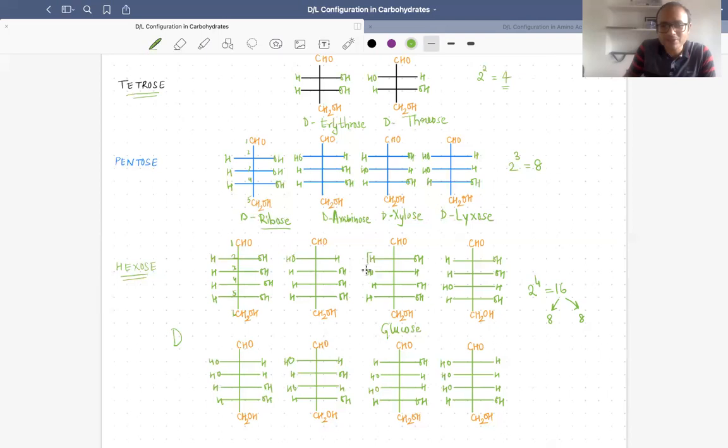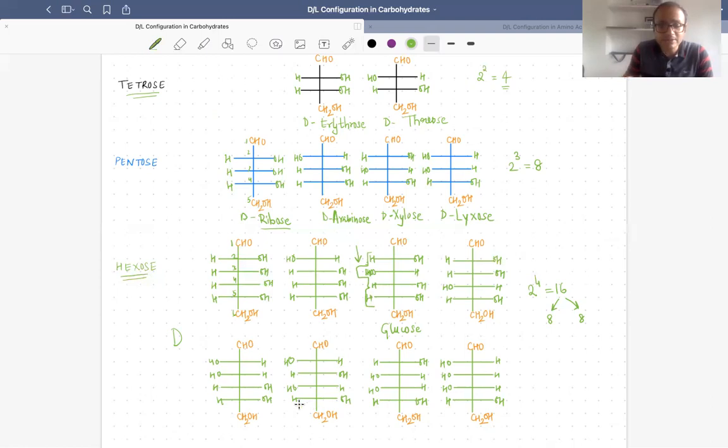Like if you talk about this OH and H, it's like never show this way of showing the fingers. It's not a good way of showing the fingers. That kind of notation I have seen one of the teachers using in a video. So glucose teaches you good manners, that you should never show any kind of fingers to anyone. That is one way to remember.